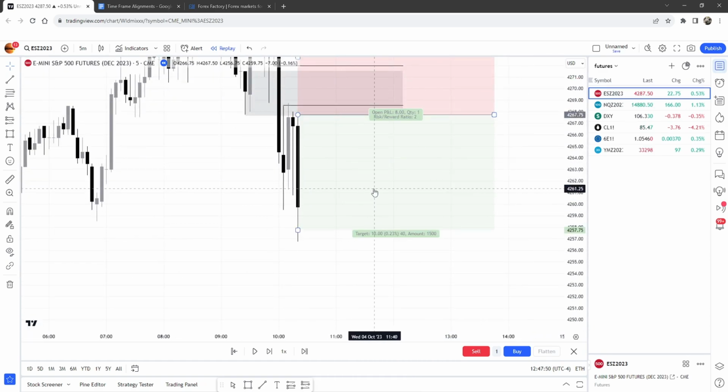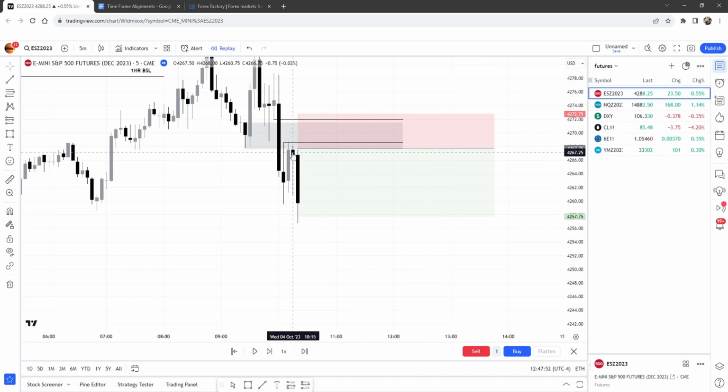There you go. So if you were scared out of your position because of what looks to be a bounce, go figure it's not a bounce. If you were too emotionally driven or emotionally impulsive, you just left plus 2R on the table.